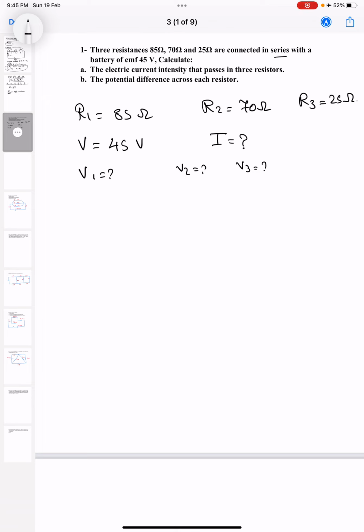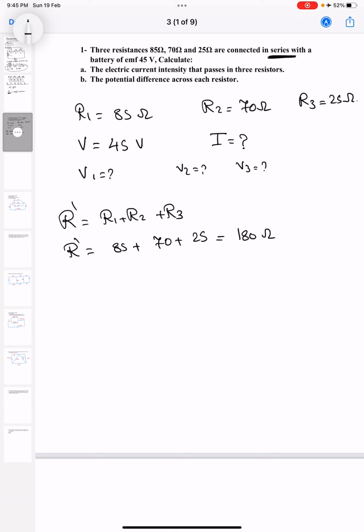First, the resistances are connected in series. So R dash or R total equals R1 plus R2 plus R3. R dash equals 85 plus 70 plus 25 equals 180 ohm.